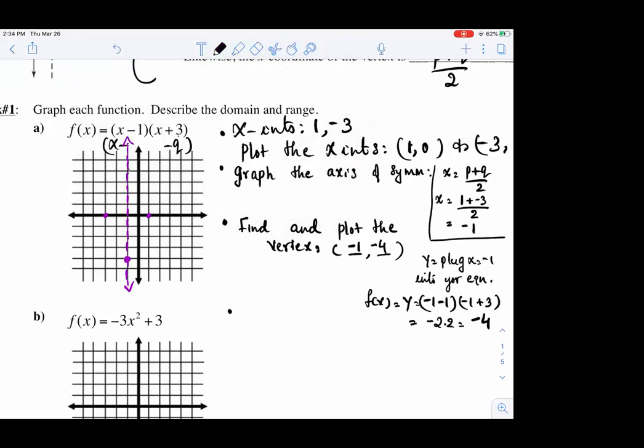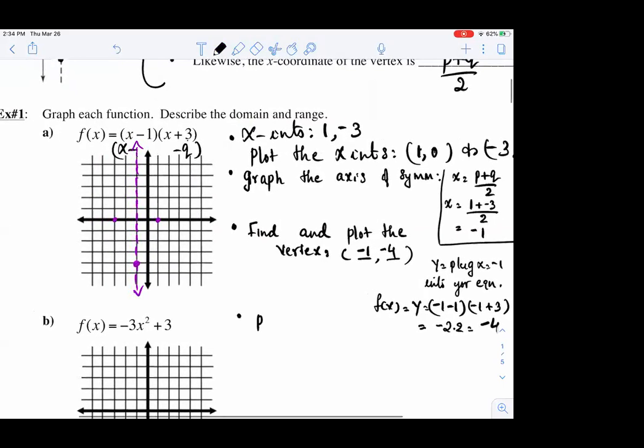Okay. Next point is to plot 2 extra points.